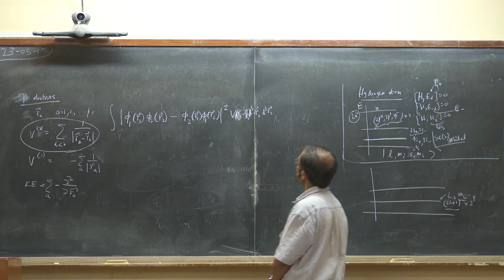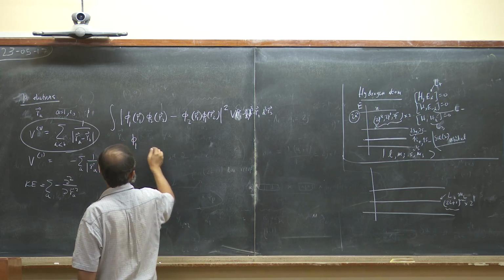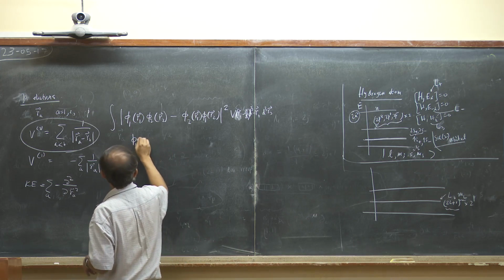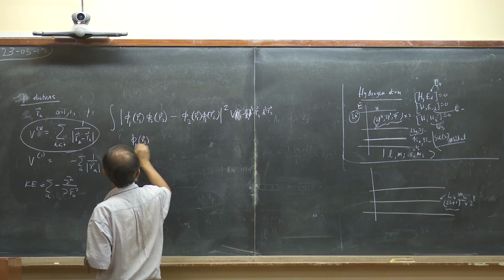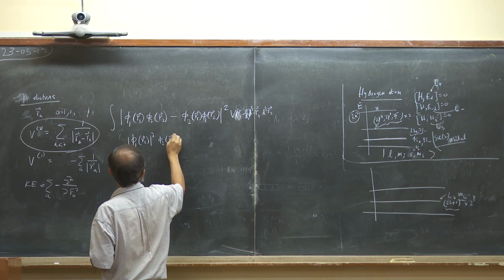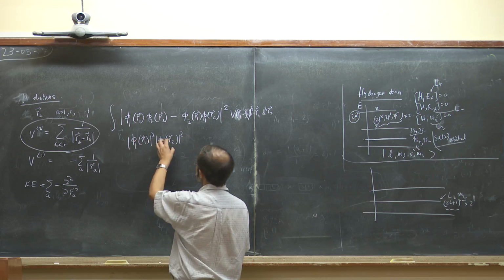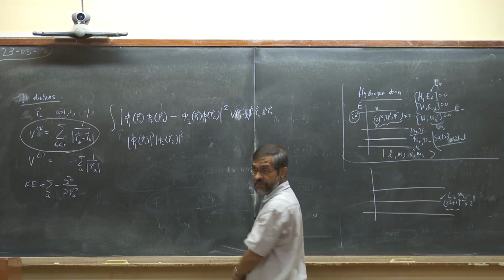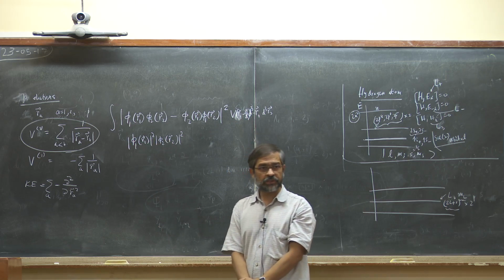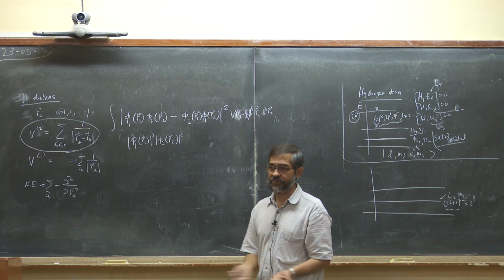So there are of course sensible terms here which are like |phi 1(R1)| squared, |phi 2(R2)| squared, which is like a density, and V(R1 minus R2). And that's like the normal kind of interaction.